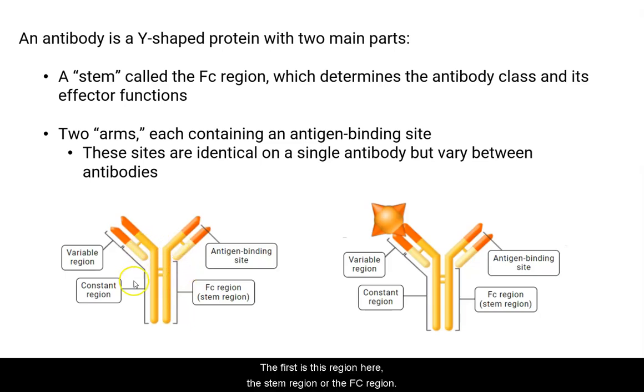The first is the stem region, or the Fc region. This is the region that's going to determine the antibody class, so, for example, whether it's an IgA antibody, an IgG antibody, etc. Then there are these two arms up here in the variable region, and this is where the actual antigen binding occurs.